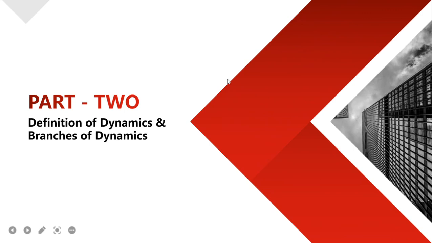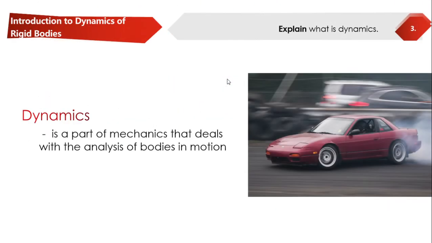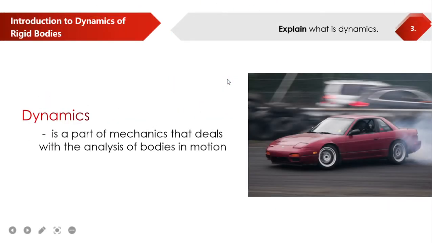For the next part of this lesson, we are going to define dynamics and its branches. What is dynamics? Dynamics is a part of mechanics, as we earlier talked about, that deals with the analysis of bodies in motion: rigid bodies, particles, and all that will move.